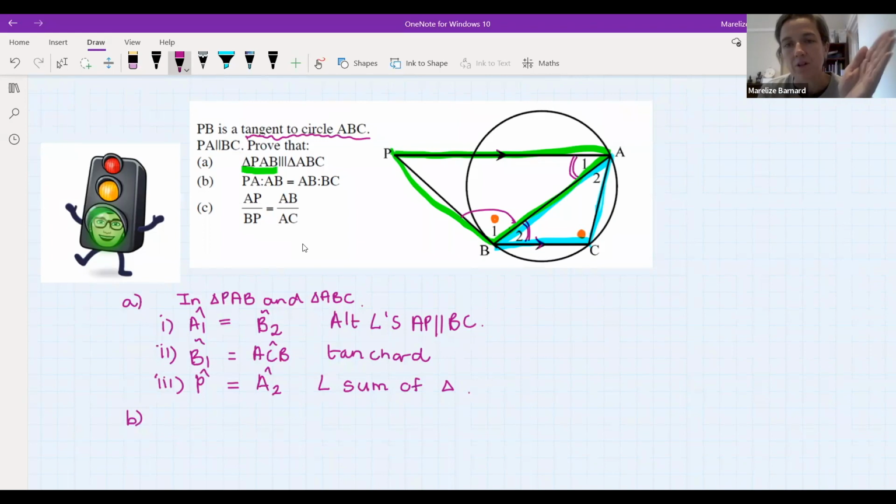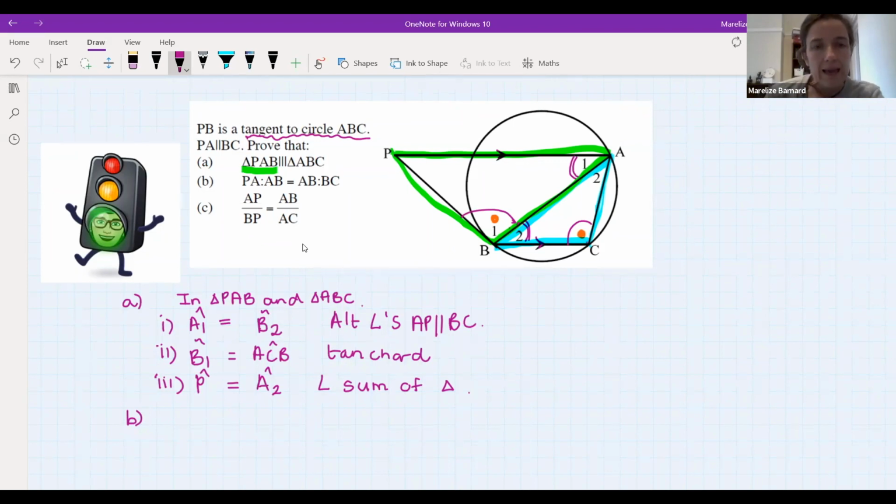So you go between the tangent and the chord, and then you jump across to the angle in the opposite segment, which is also on the circumference. So it must be C. Thank you.